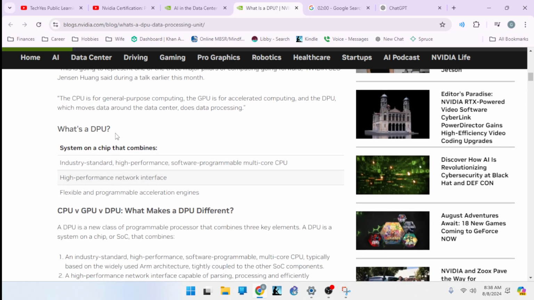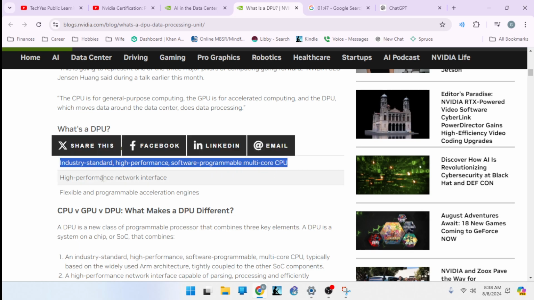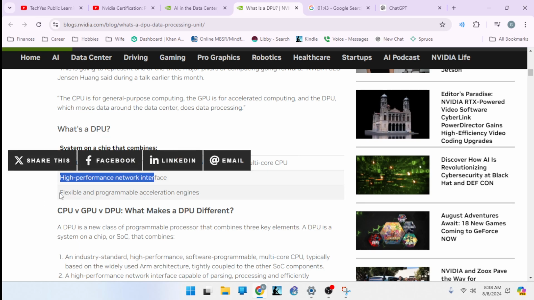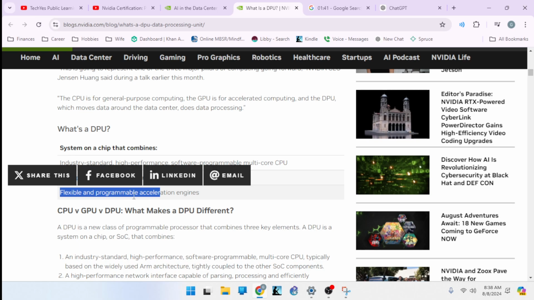What is a DPU? System on chip that combines industry standard high performance software programmable multi-core CPU, high performance network interface, flexible and programmable acceleration engines.